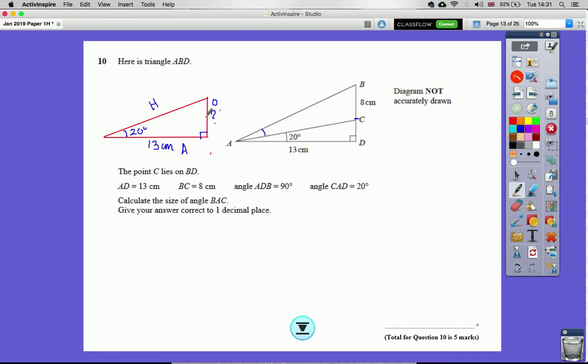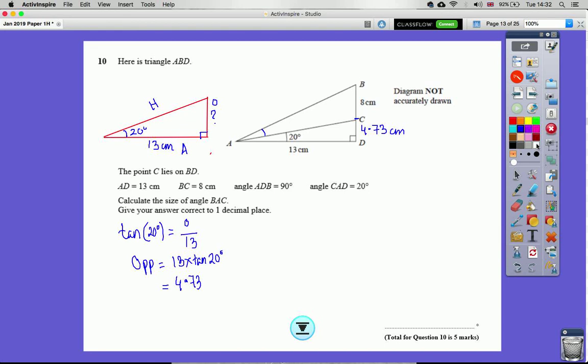If I'm looking for the opposite, I'm going to use O and A, so I'm going to use tan. Tan 20 degrees is opposite over adjacent, so opposite is equal to 13 times tan 20 degrees, which is going to give me 4.73, correct to 2 decimal places. So this part is 4.73 centimeters.